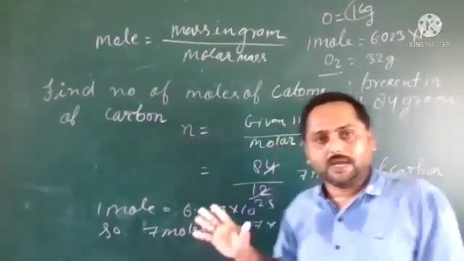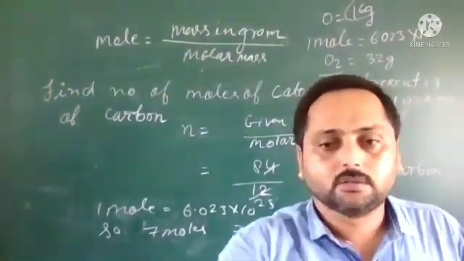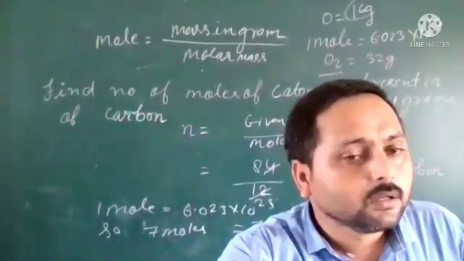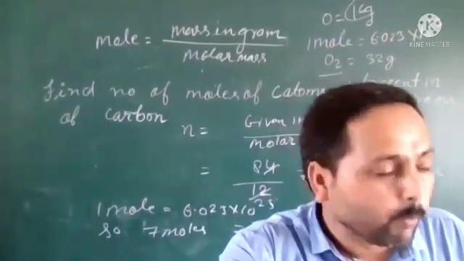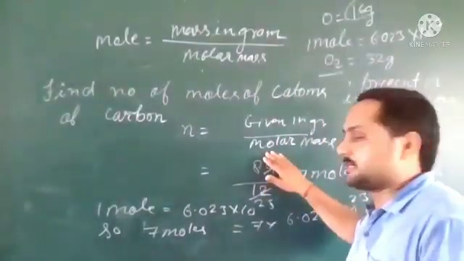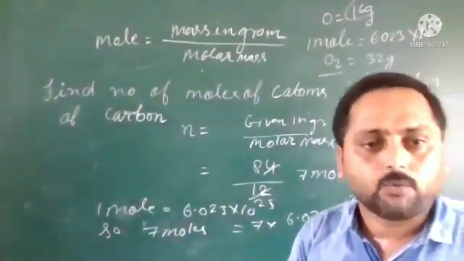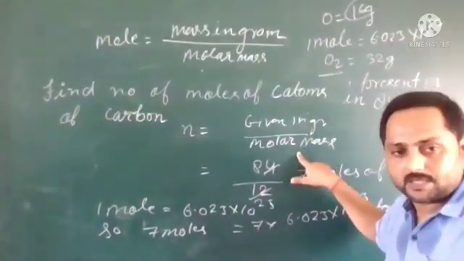Yes, sir. Anybody has doubt about these topics? No, sir. Sir, what is the difference between molar mass and molecular mass? Molar mass, in the formula, it is better to write molar mass. If we are calculating molecules, then we write molecular mass.